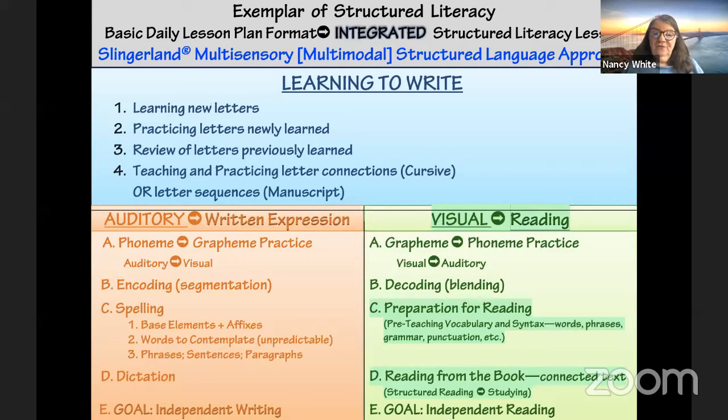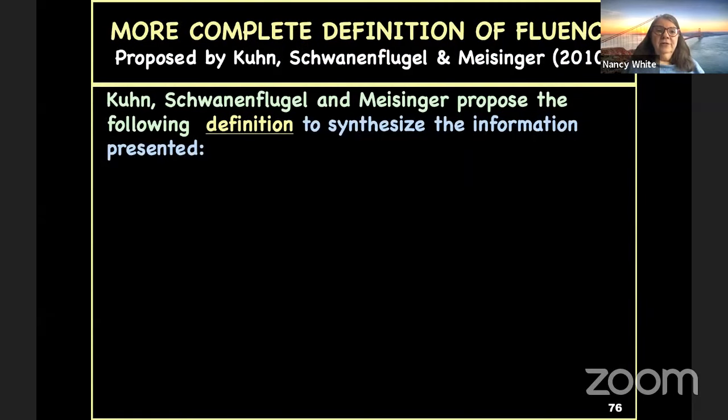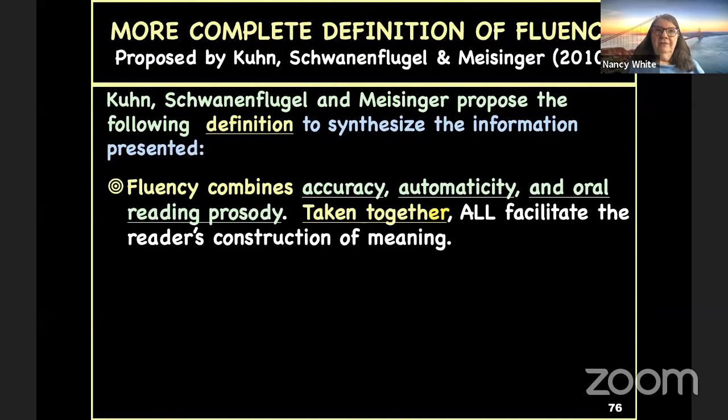So preparation for reading on the visual side is the first part of comprehension, although decoding and knowing what the words mean that they've decoded definitely also has to do with comprehension. So fluency too often is considered simply to be words correct per minute.